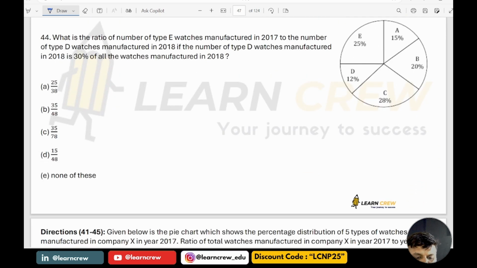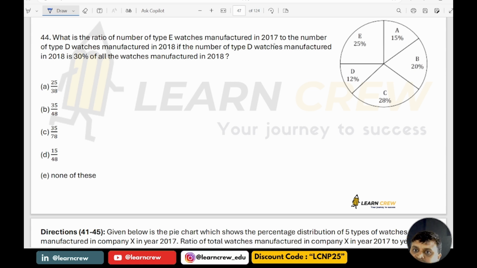What is the ratio of type E watches manufactured in the year 2017 to the number of type D watches manufactured in 2018, if type D watches manufactured in 2018 is 30% of all the watches manufactured in 2018?